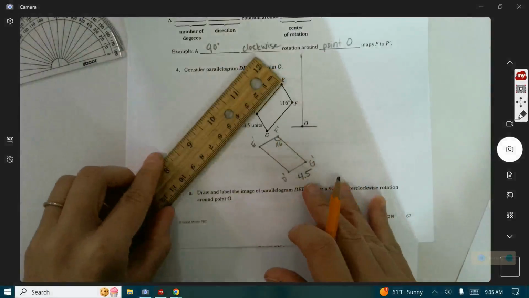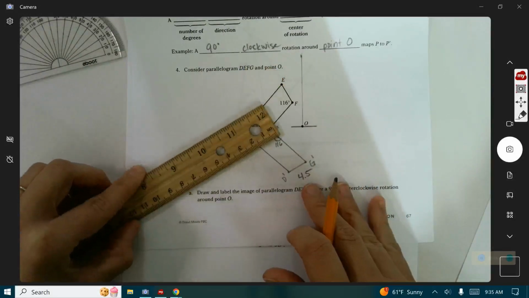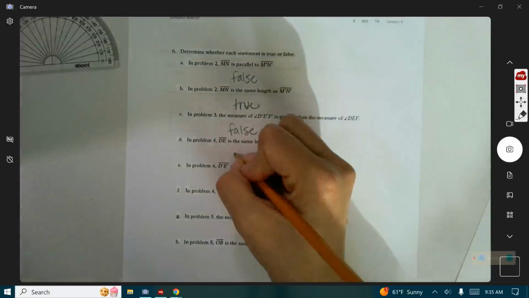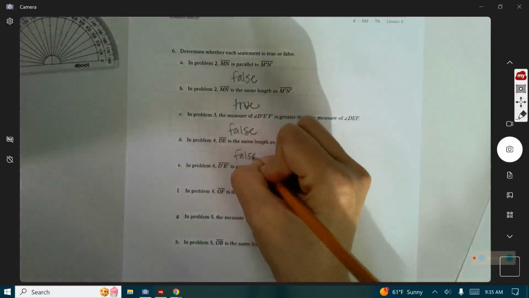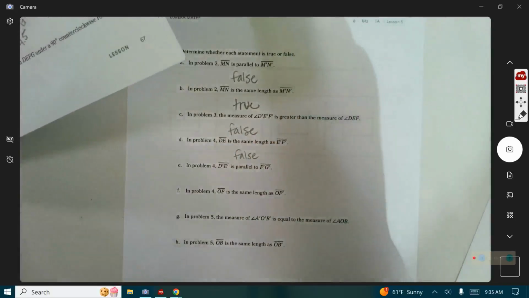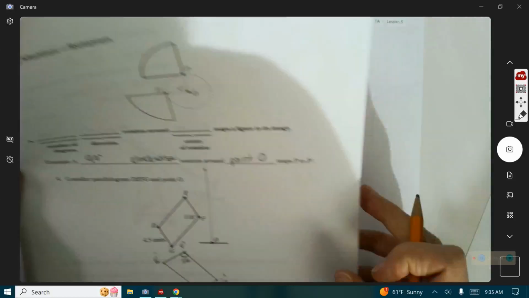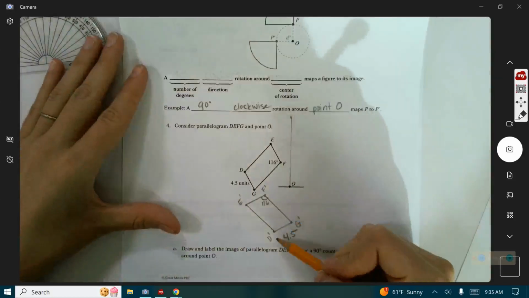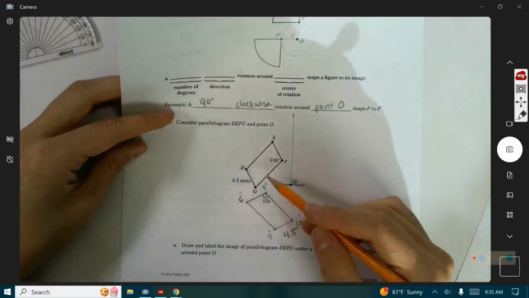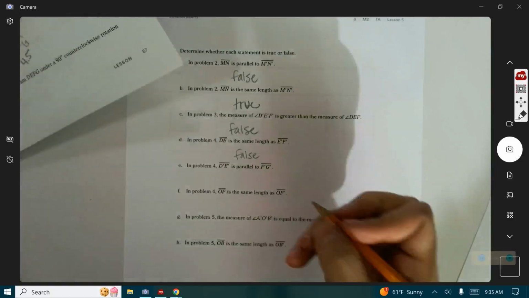If I were to measure, this one's about 3 centimeters, but this one is under 2 centimeters, so that is false. D prime E prime is parallel to F prime G prime. Those are parallel. It came from a parallelogram.